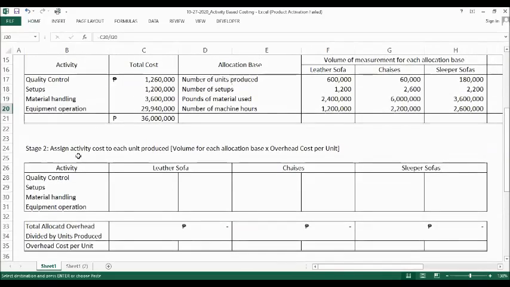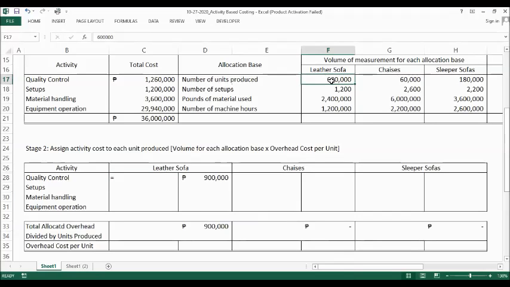Then we have to assign activity costs to each unit produced. So kanina kinuha natin yung total. Ngayon, so volume times overhead cost per unit. So how much is, ano ba ang gagawin nating volume? So equals, magkano ba yung volume? Ito yun, di ba?